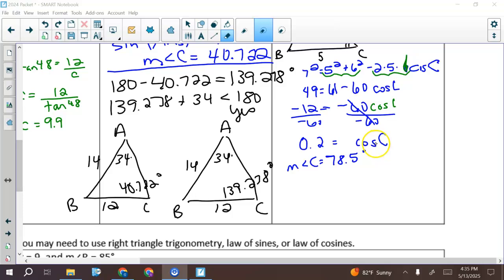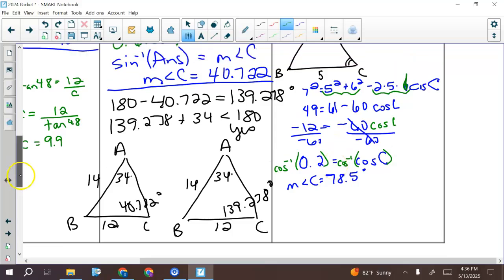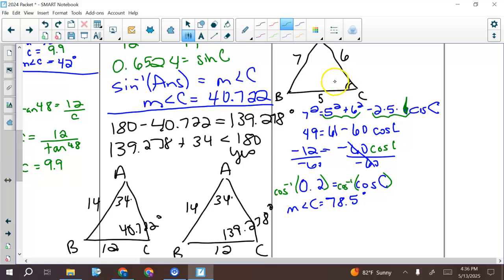Then finally, we can take the inverse cosine of both sides. So we get the measure of angle C equals 78.5 degrees. Now we need to use the law of cosines or law of sines to find one of the other angles.